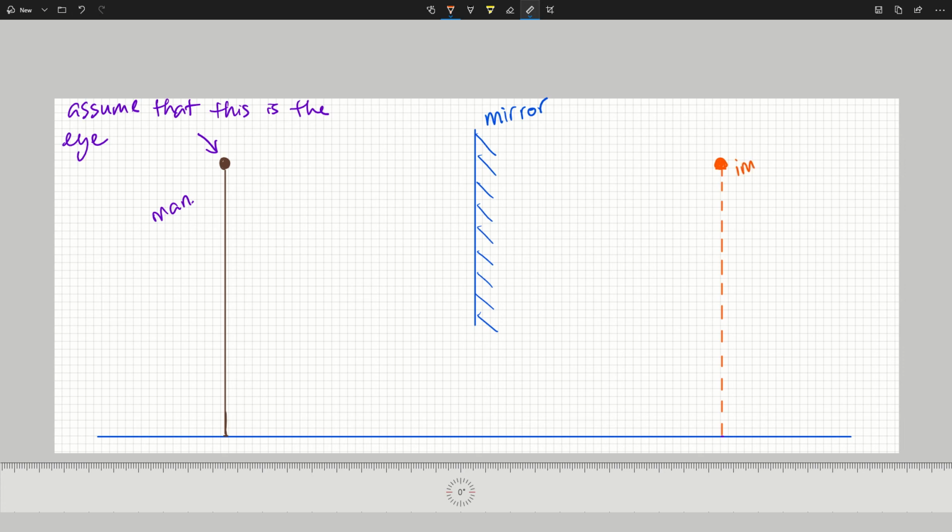So what I have here is the image of the man.